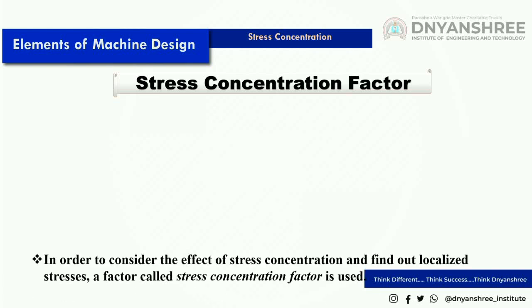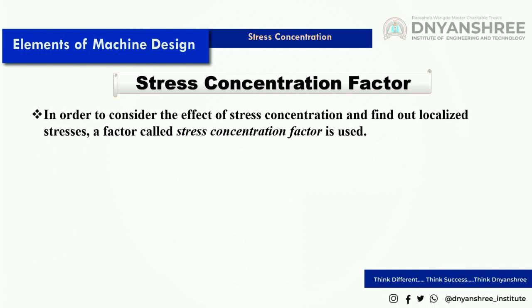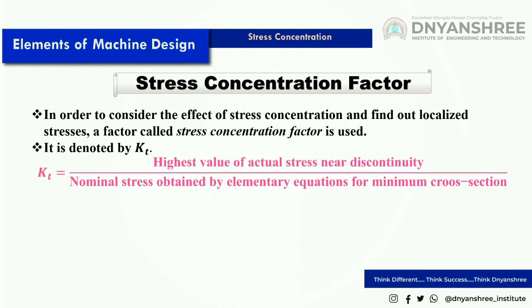So what is the stress concentration factor? In order to consider the effect of stress concentration and find out localized stresses, a factor called the stress concentration factor is used. It is denoted by Kt, and Kt is the ratio of the highest value of actual stress near the discontinuity, that is sigma max, divided by the nominal stress obtained by elementary equations for the minimum cross section, that is sigma t.